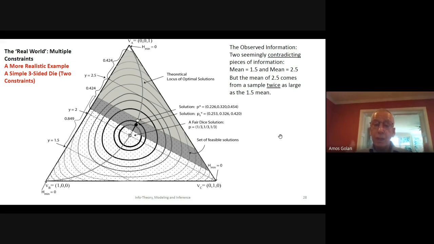So if we take the approach that we just talked about, allowing for flexible constraints, think of the following story. This is the first sample, which is smaller, okay? 1.5 is the mean, and the dotted area here, all the way here, is the uncertainty that we add to the constraints.